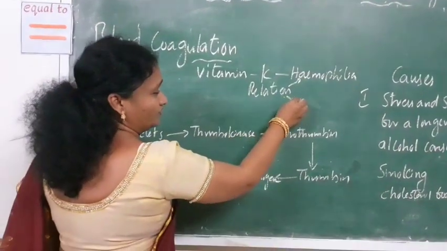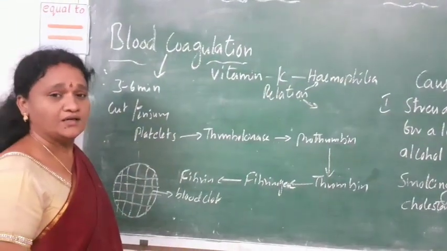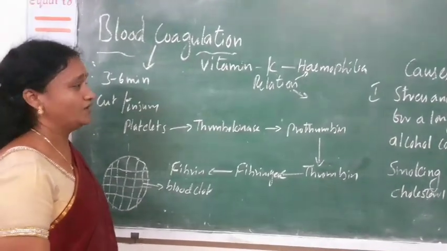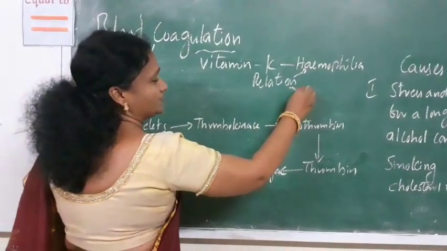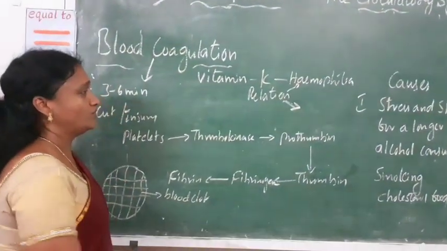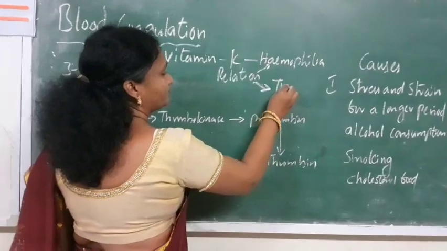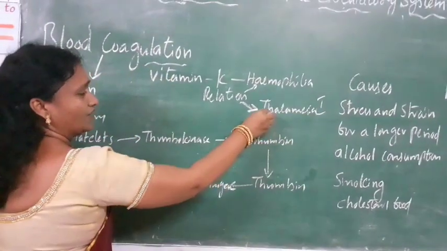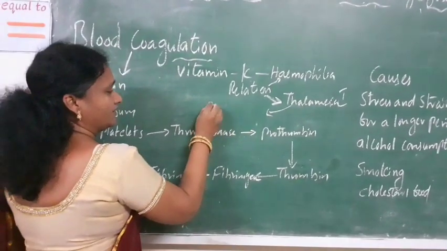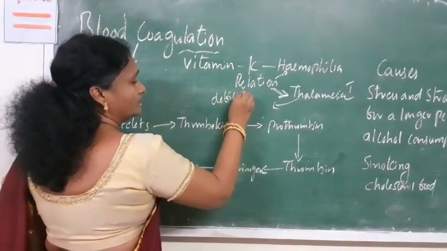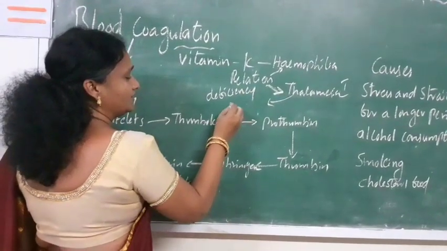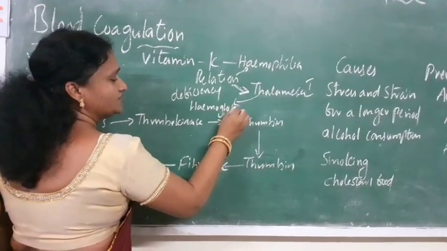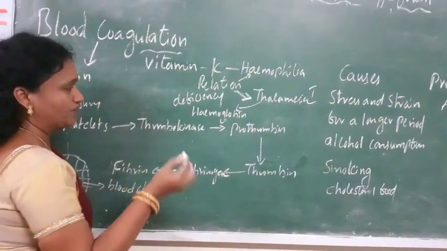Along with that, another type of genetic blood disorder that occurs because of marrying among blood relations is thalassemia. Thalassemia is another type of genetic disease where we observe a deficiency in hemoglobin protein. You know that hemoglobin is the oxygen-carrying protein present in the blood.